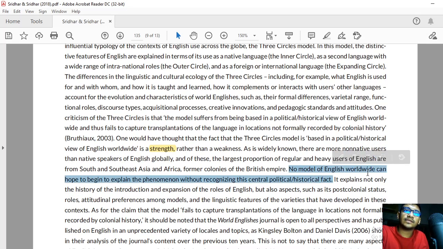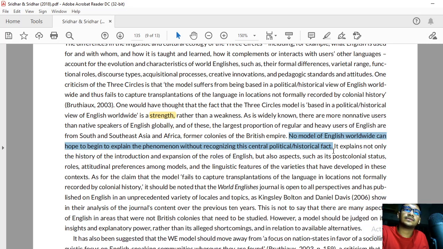No model of English worldwide can hope to begin to explain the phenomenon without recognizing this central political/historical fact. So again, the writers are saying that the historical and political fact is extremely important for explaining the spread of English.